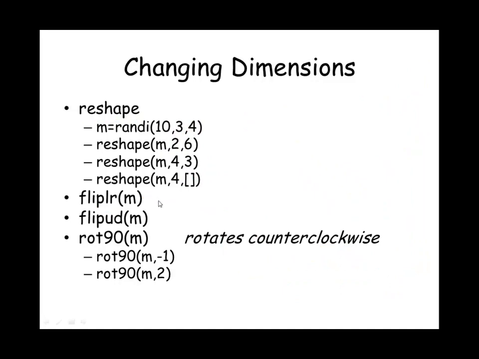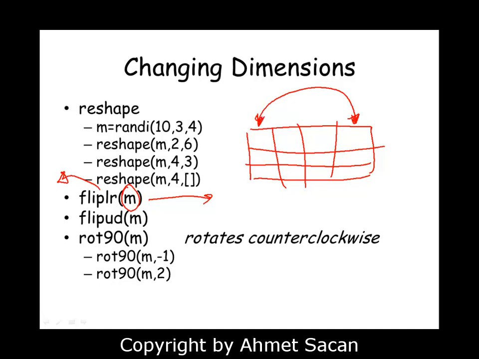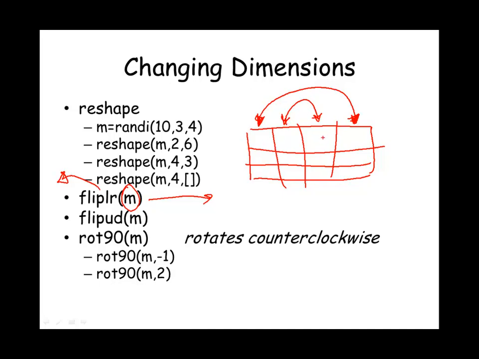The flip LR function will take your matrix and flip it from left to right. So our matrix had 3 rows and 4 columns. As a result of flip LR, a new matrix will be returned, where this new matrix is obtained by switching the first column with the fourth column and also the second column with the third column.